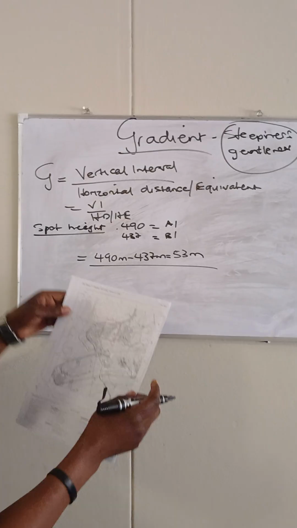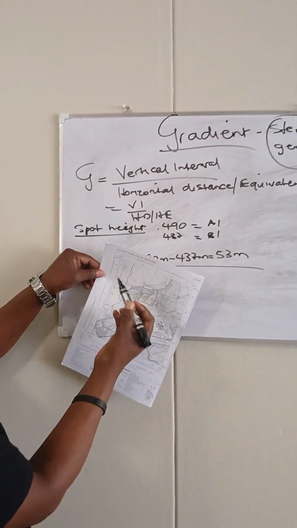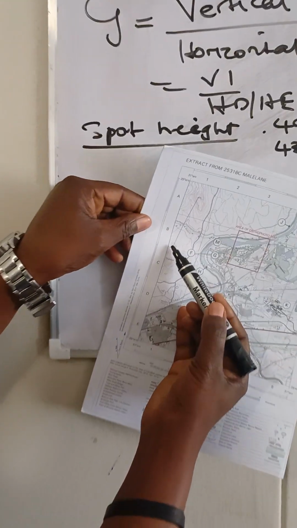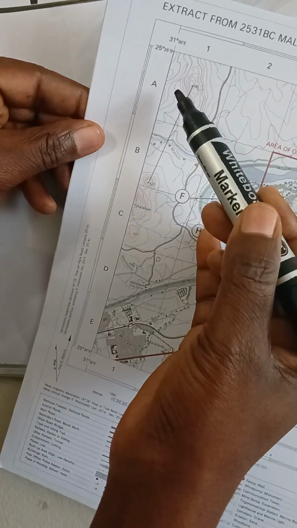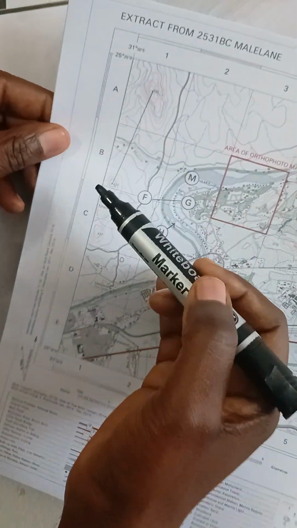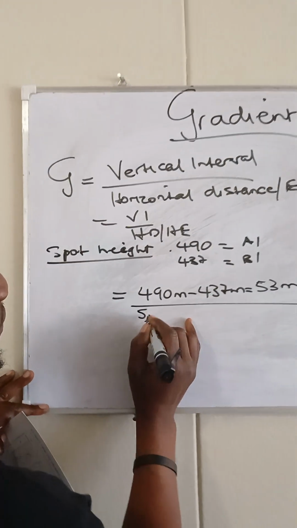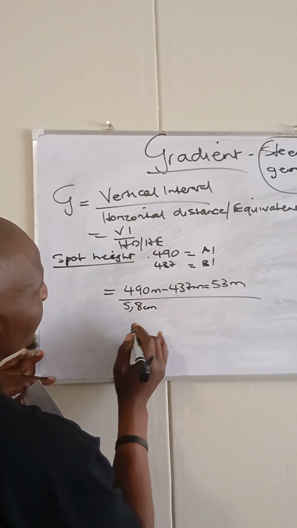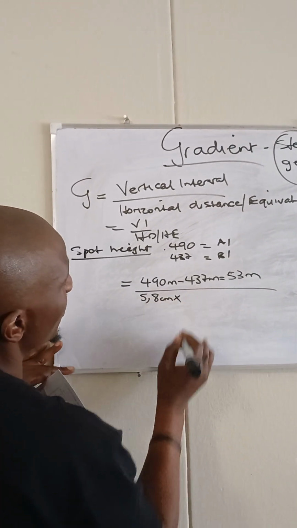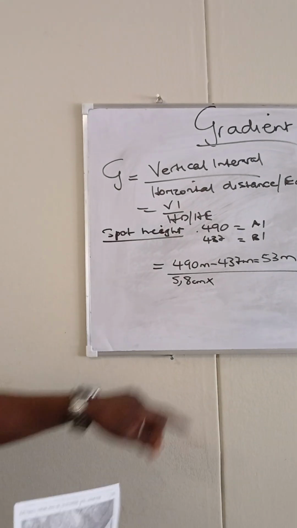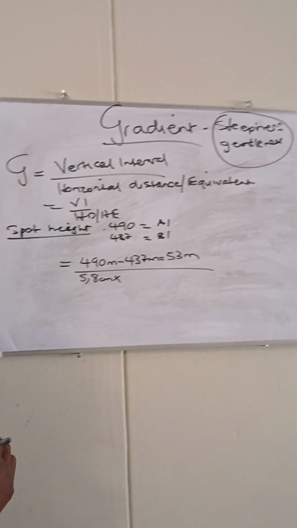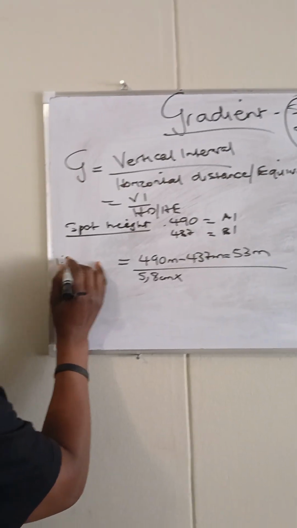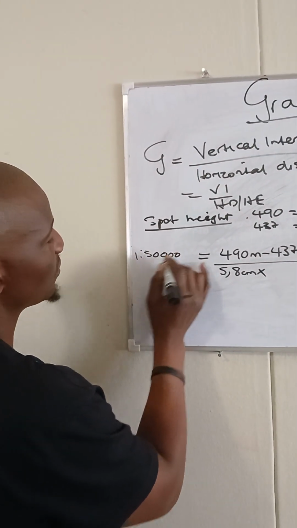Then the next thing that we did is we measured from spot height 437 in B1 to spot height 490 in A1, and we got 5.878 centimeters. Then we multiplied this by 500 meters. Why did we do that? Because our scale for the topographical map is 1:50,000.